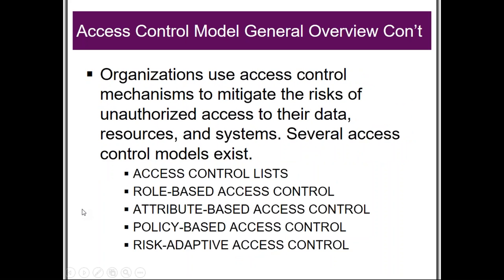So with the access control model, organizations use access control mechanisms in order to mitigate the risk of unauthorized access to their data, their resources, and their systems. So several access control models exist. Now, before I get into them, I want to tell you that their corresponding access control mechanisms, or the concrete implementations of those access control models, can take several forms, and I'll talk about those.